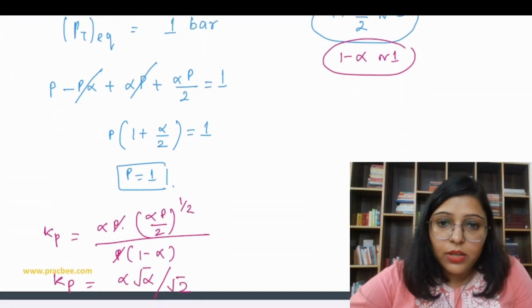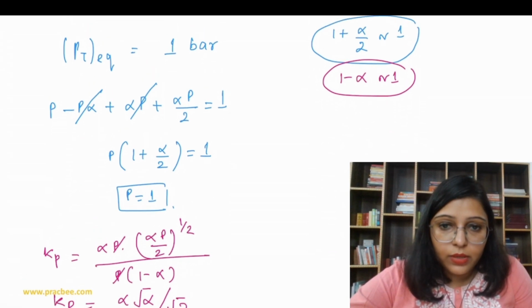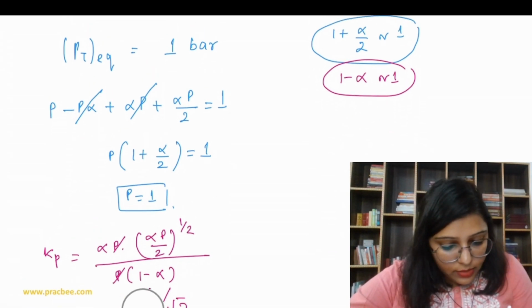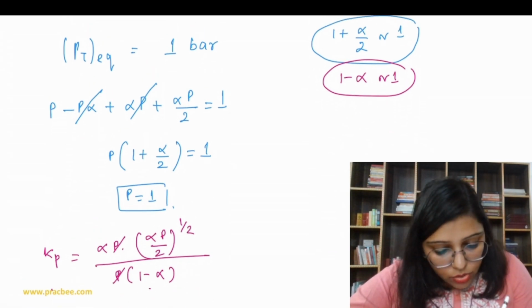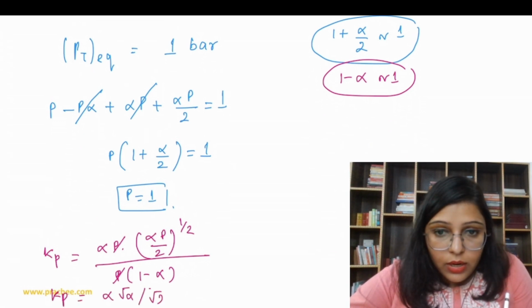Okay, so this is alpha under root alpha divided by under root 2. Clarity? Let me rewrite this. So here Kp is equal to alpha under root alpha upon under root 2.